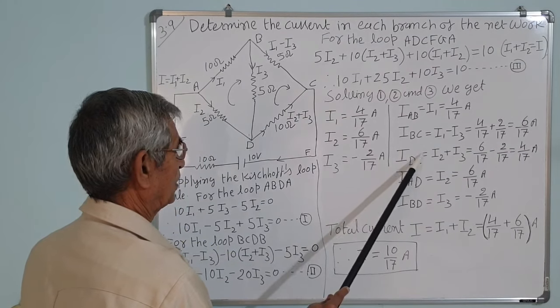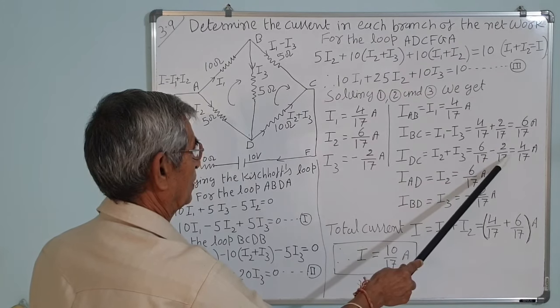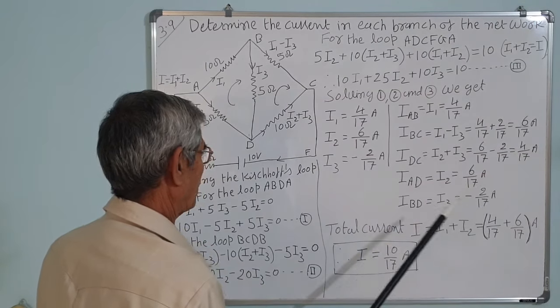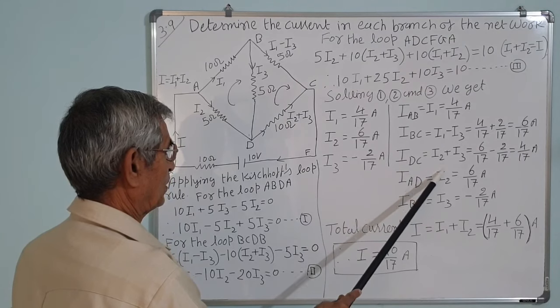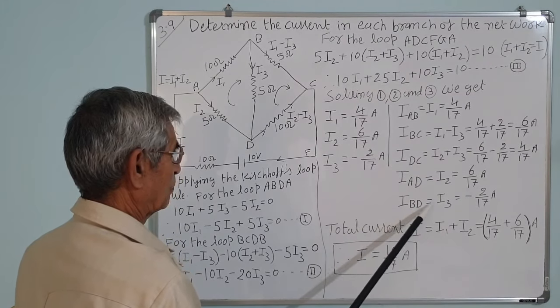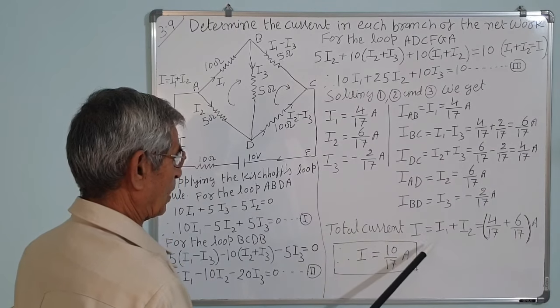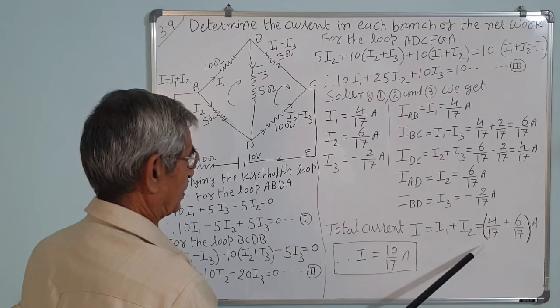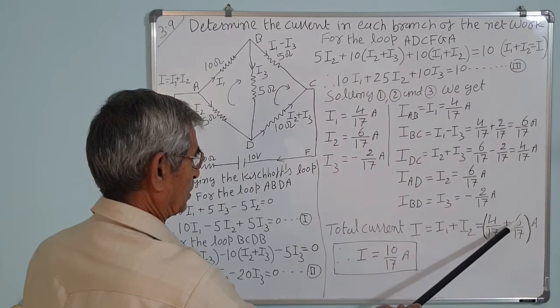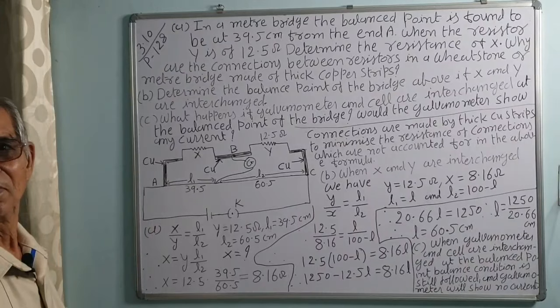Similarly, IDC is equal to I2 plus I3, that is 6 upon 17 minus 2 upon 17, equal to 4 upon 17 ampere. IAD is equal to I2, that is 6 upon 17 ampere. IBD is equal to I3, that is minus 2 upon 17. The total current is I1 plus I2, that is 4 upon 17 plus 6 upon 17, equal to 10 upon 17 ampere.